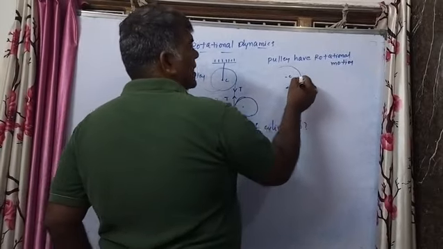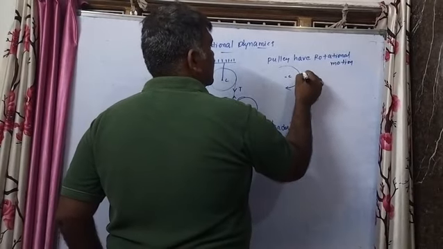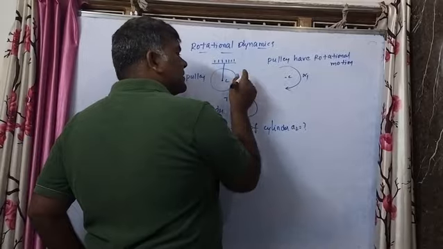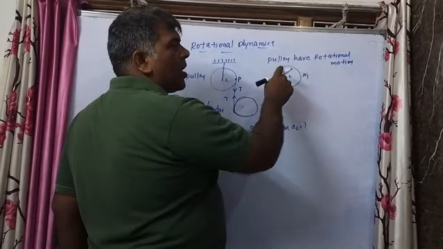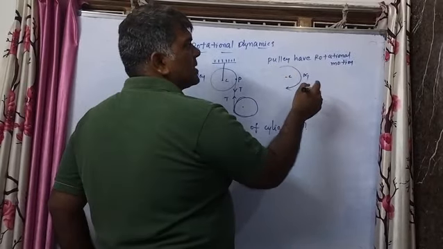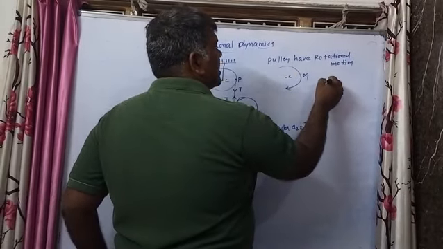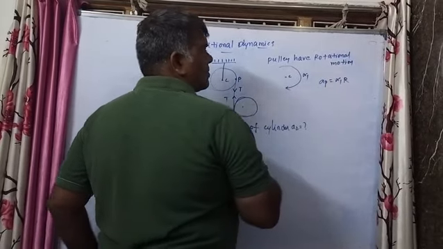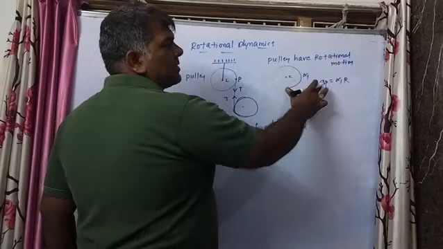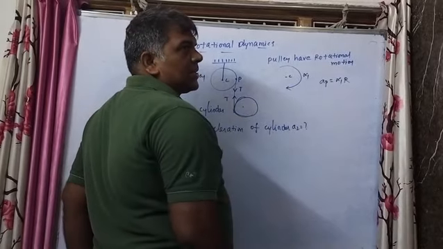Its angular acceleration is considered alpha 1. At a point P, its acceleration is in the downward direction. Since it has only rotational motion, its acceleration at point P is alpha 1 into R. This is the relation between linear and angular acceleration.